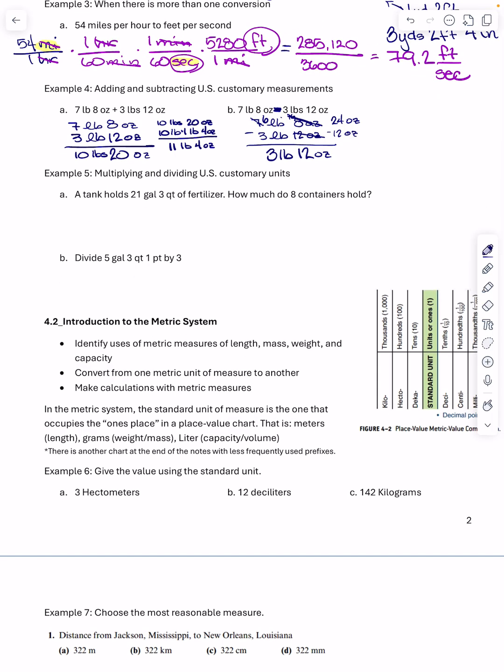We can multiply and divide the same way we think we would. If I have 21 gallons, 3 quarts, I'm multiplying that by 8. That gives me 24 quarts and 168 gallons. Okay. 24 quarts. I know there's 4 quarts in a gallon.